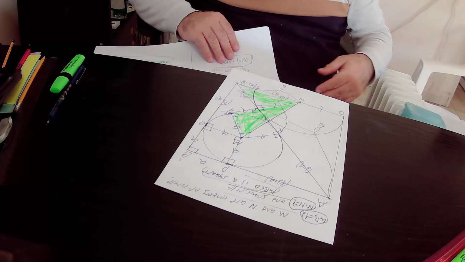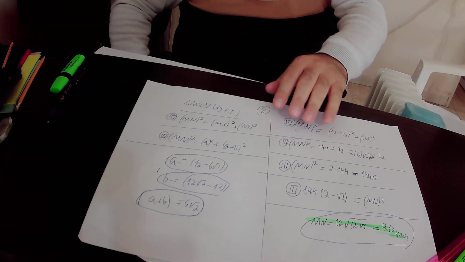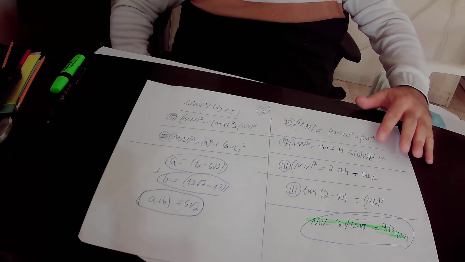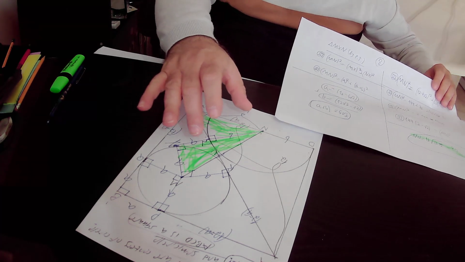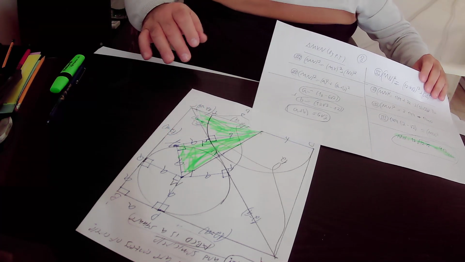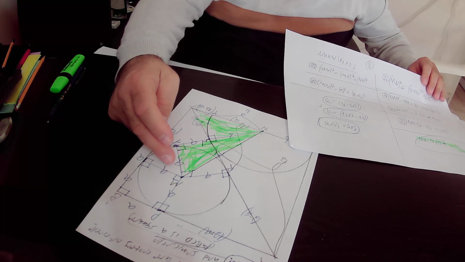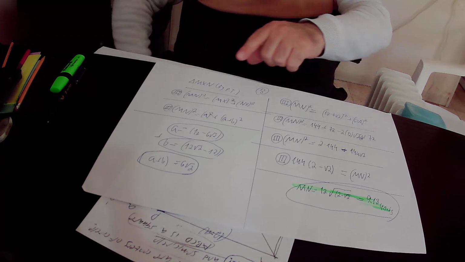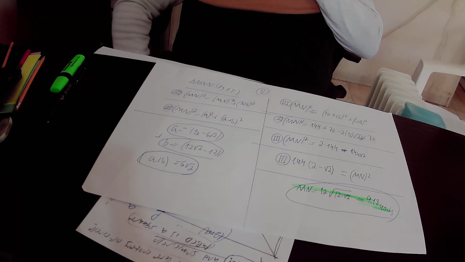According to the Pythagoras theorem, the square of the hypotenuse equals the sum of the squares of the perpendiculars. The hypotenuse is NM, so NM square equals MX square plus XN square.